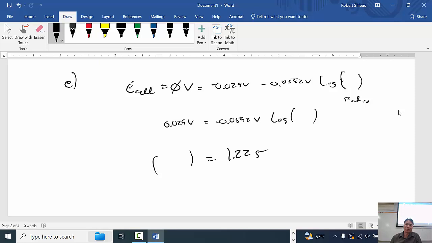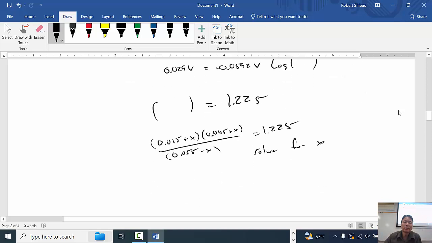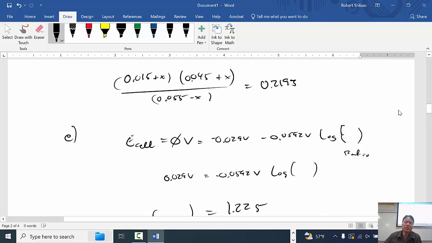And then we do the same thing. 0.015 plus x, 0.045 plus x, 0.055 minus x. This will cause it to go to 0 volts. And so just solve for x. We'll have to do a quadratic here to solve for x. But that's the basic idea. I mean, this is like a K calculation.